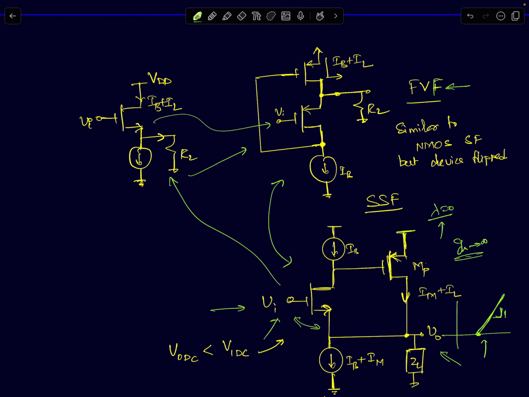The other big difference is you can set the current for this common source device independently. In a flipped voltage follower, the bias current is forced to be the same. It depends on how you connect your load, but if RL is infinity, if there is no load, I can set the bias currents independently. That is an additional degree of freedom you have in super source followers.